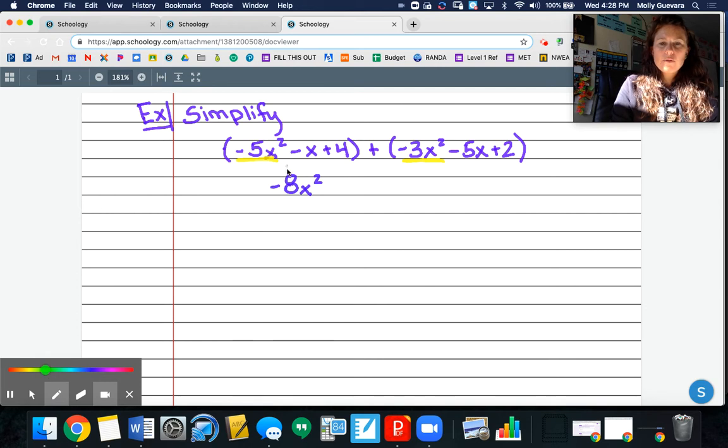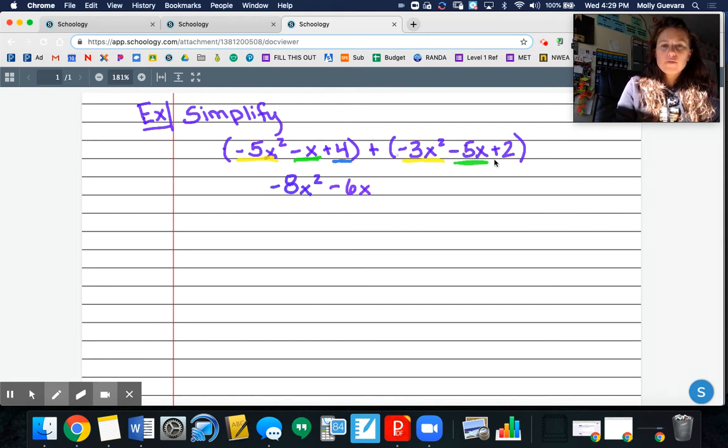Then I'm going to go through and find more like terms. So here I have a negative x and a negative 5x. If I add those two terms together, negative x plus negative 5x is negative 6x. And then lastly, I have a 4 and a 2.